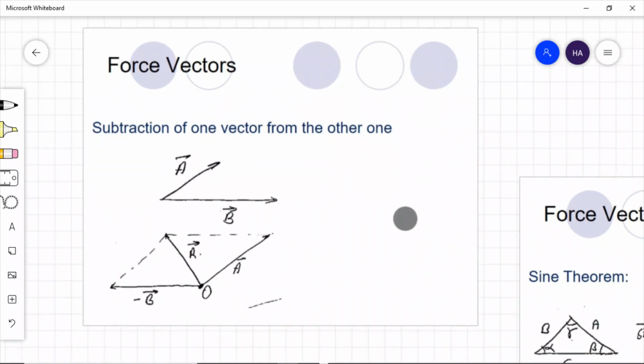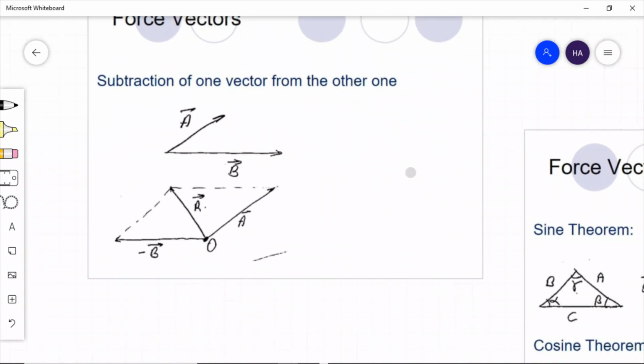Now there exists a second operation, subtraction of one vector from the other one.